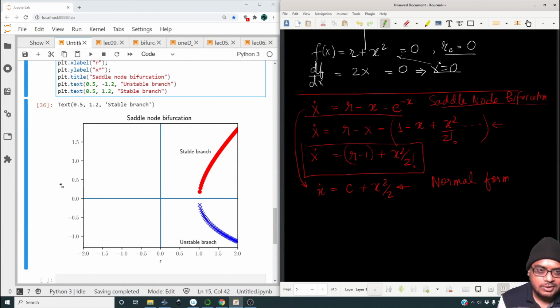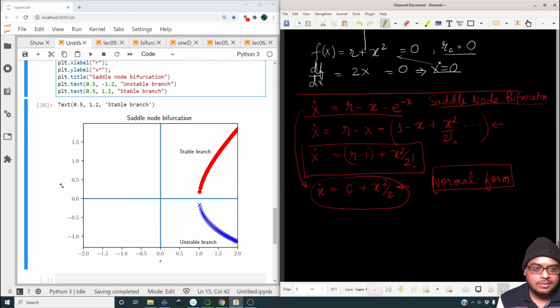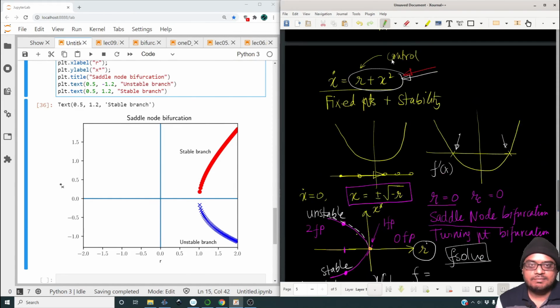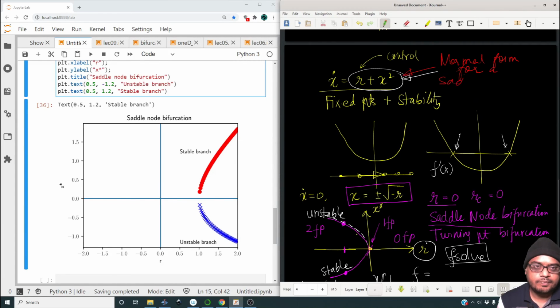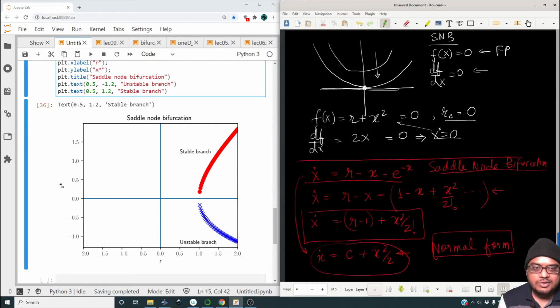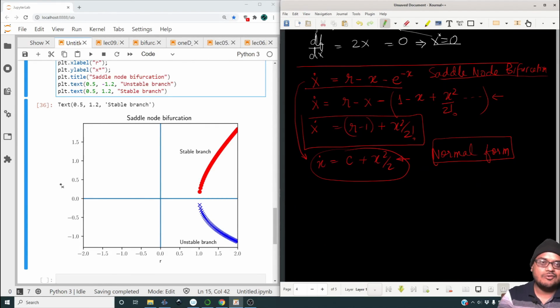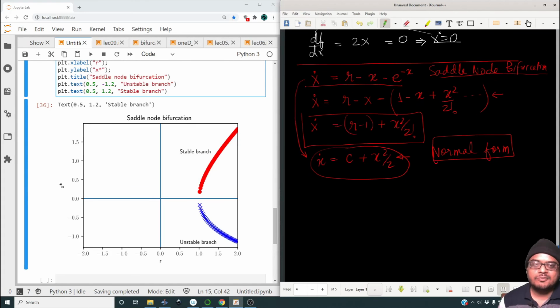The normal form for a saddle node bifurcation is this. So obviously there are different normal forms for different kinds of bifurcation, but for now we have only studied the saddle node bifurcation. Can we prove this rigorously?